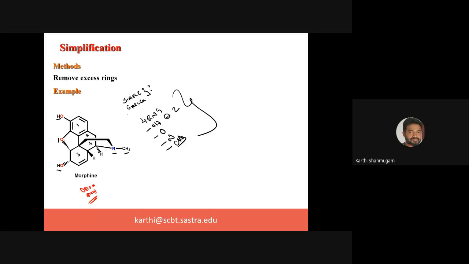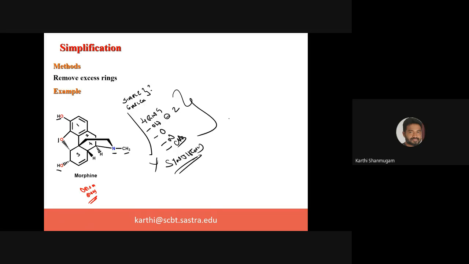But the complexity I'm talking about is in terms of synthesis, not based on how the structure looks. Based on the synthetic feasibility, we can say that this molecule is very complex to synthesize in any laboratory condition. We cannot easily synthesize this molecule in 1 or 2 steps, right?